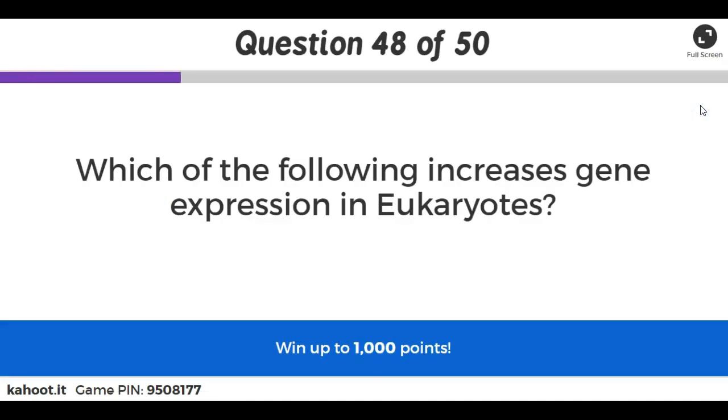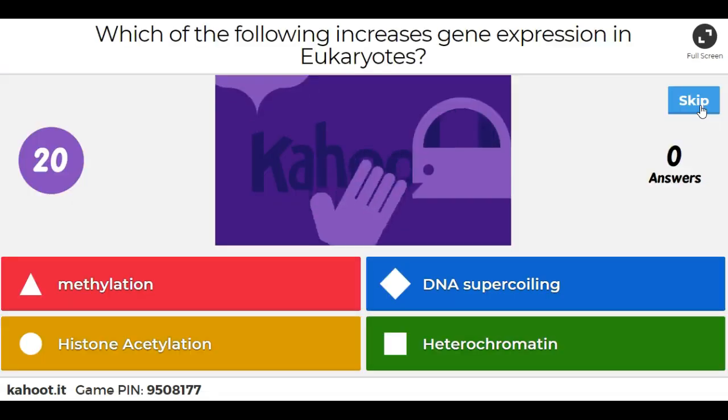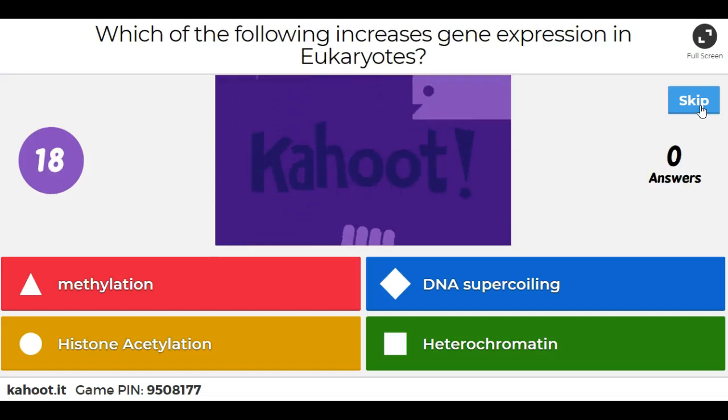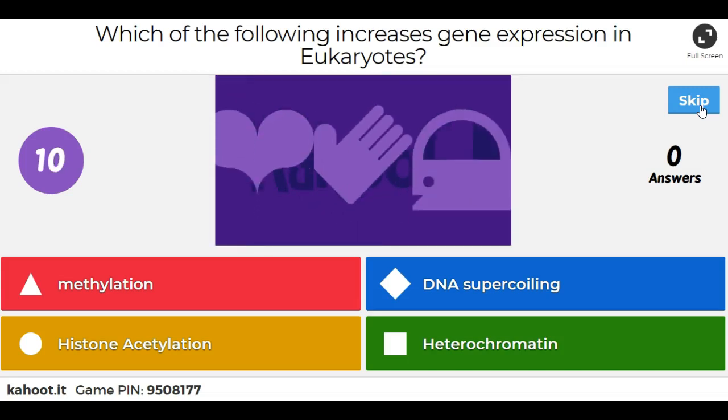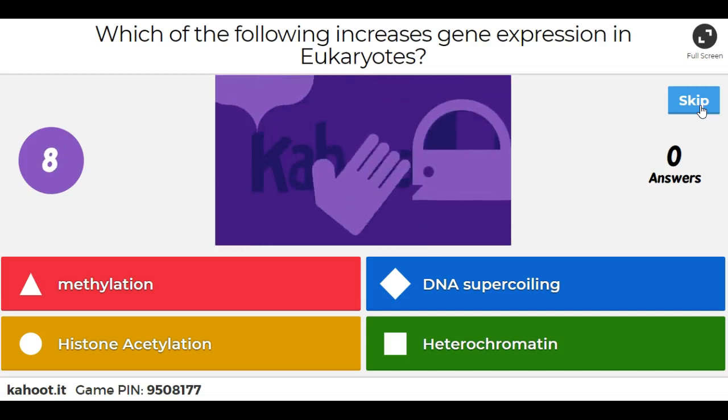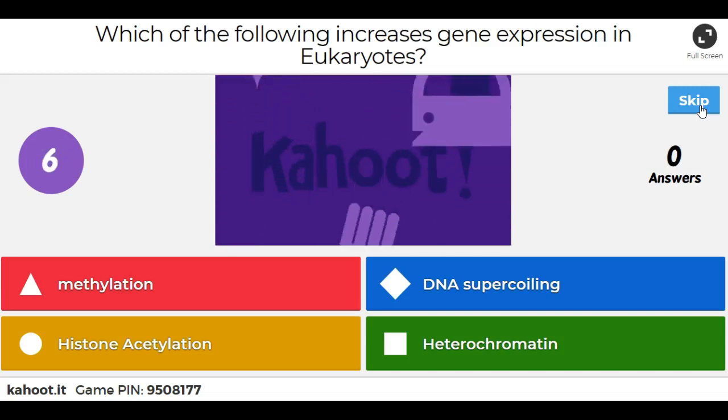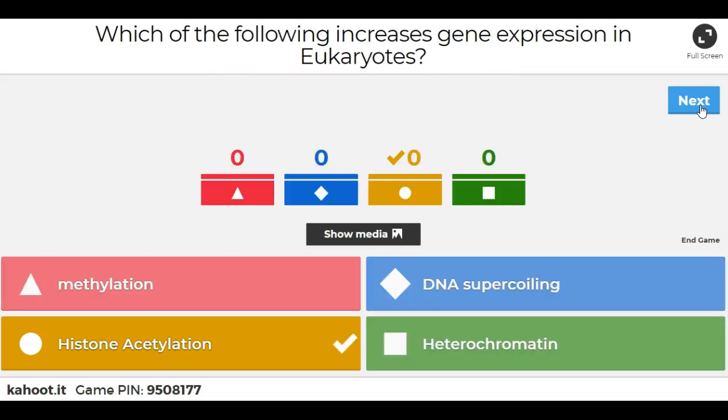Which of the following increases gene expression in eukaryotes? All right, so the answer is histone acetylation.